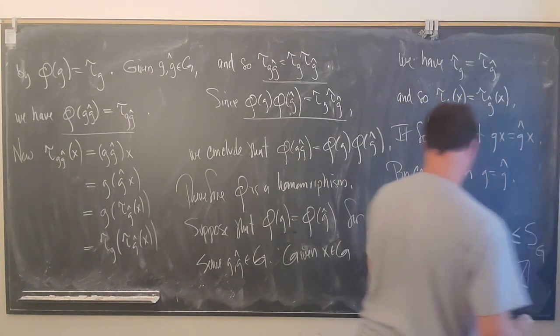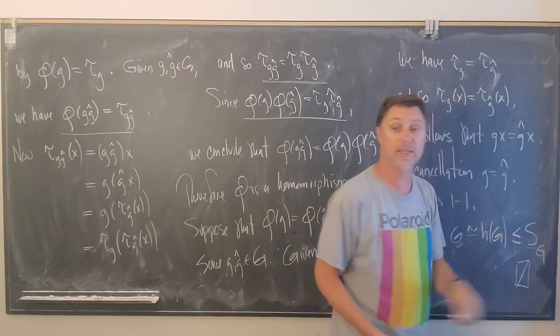What we have then is G is isomorphic to a subgroup of permutations of G.